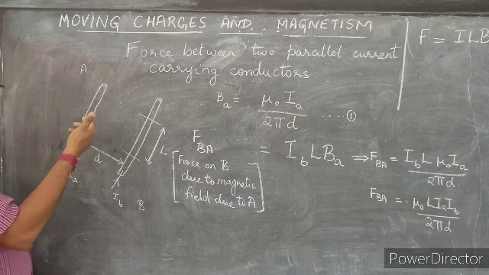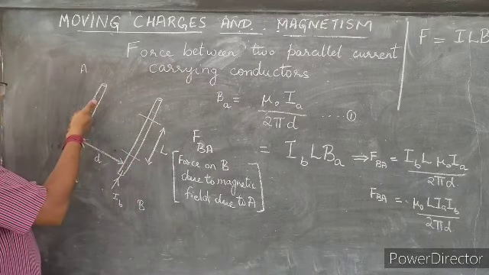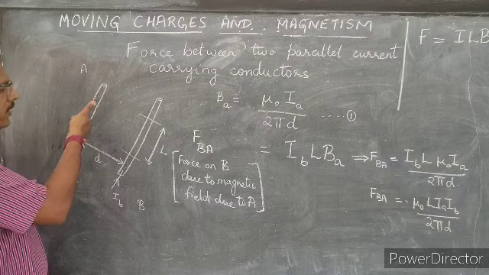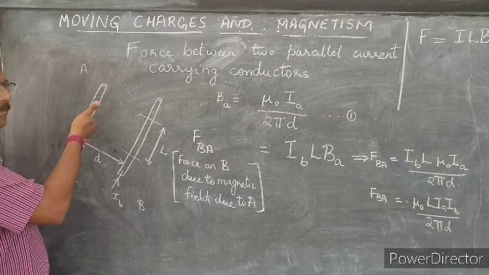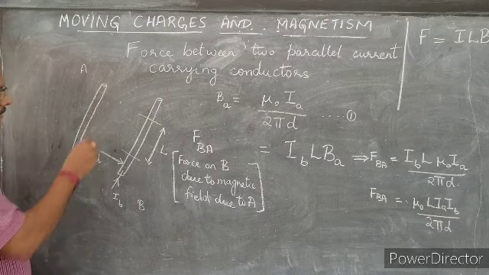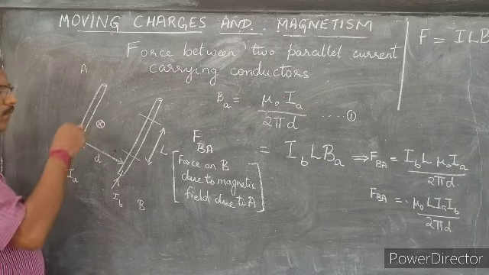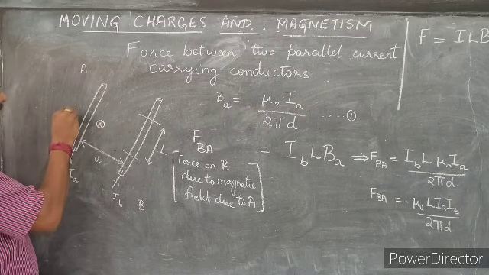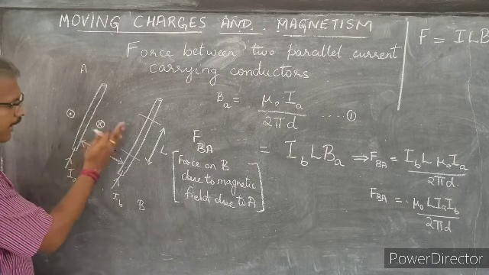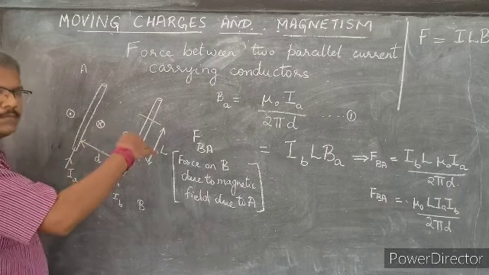So when I use my right hand thumb rule and grip this conductor such that my thumb points in the direction of the flow of current, then you can see that my fingers curl around the conductor such that at this point the magnetic field is going into the board and at this point the magnetic field is coming out. So to the right of this conductor A, the magnetic field goes into the board.